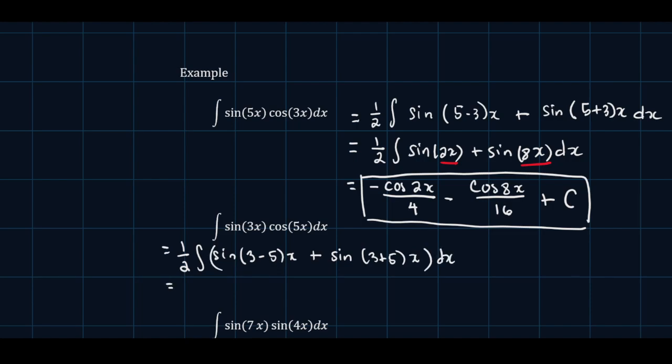Okay, simplifying, we have half of the integral ng sine negative 2x plus sine 8x dx.